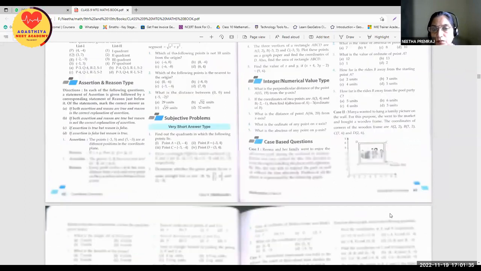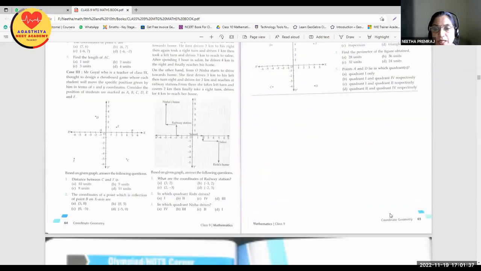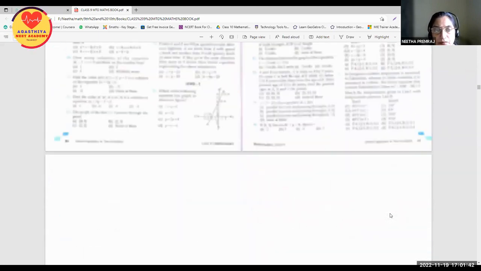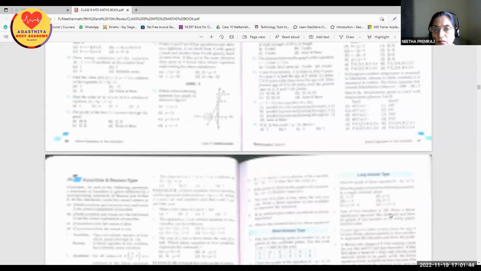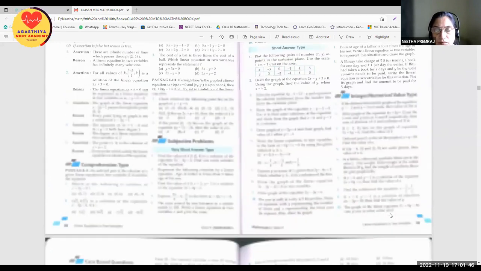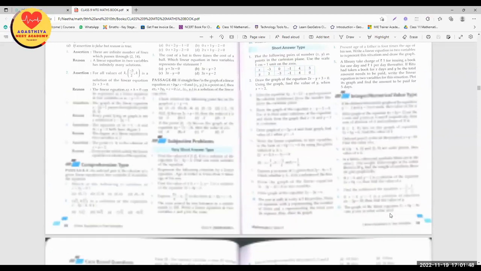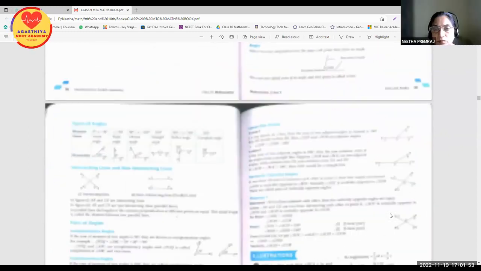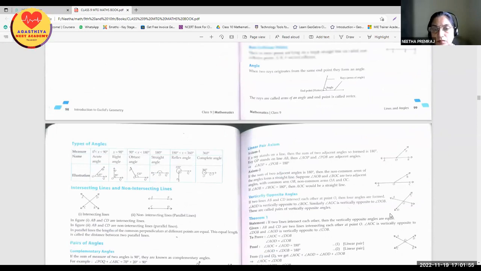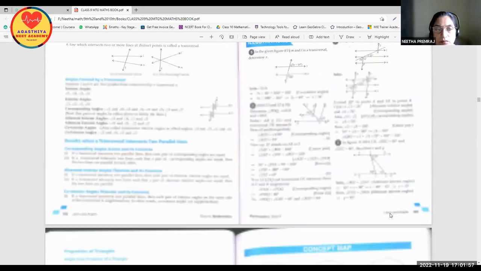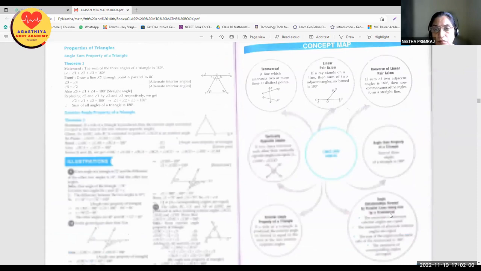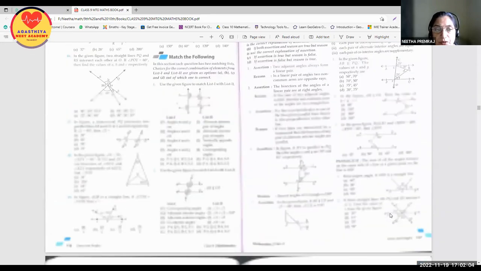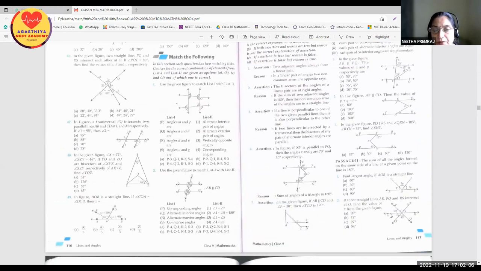Linear equations in two variables. Which chapter is it? Chapter number? Could you please tell me? Ma'am, I think 8th chapter. Okay, fine. See, guys, one thing you remember: you have to work out each and every sum.